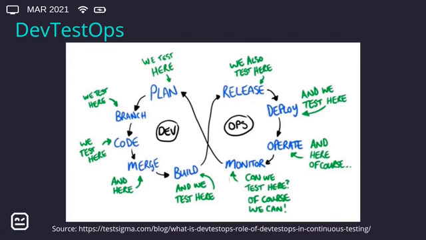DevTestOps additionally focuses on the requirement of continuous testing for all steps of this paradigm. Kubernetes gives us the possibility to control and check our infrastructure and applications, while Robot Framework gives us clearly structured and readable tests. So, in order to bring DevTestOps to life, we decided to fuse the best out of two worlds.